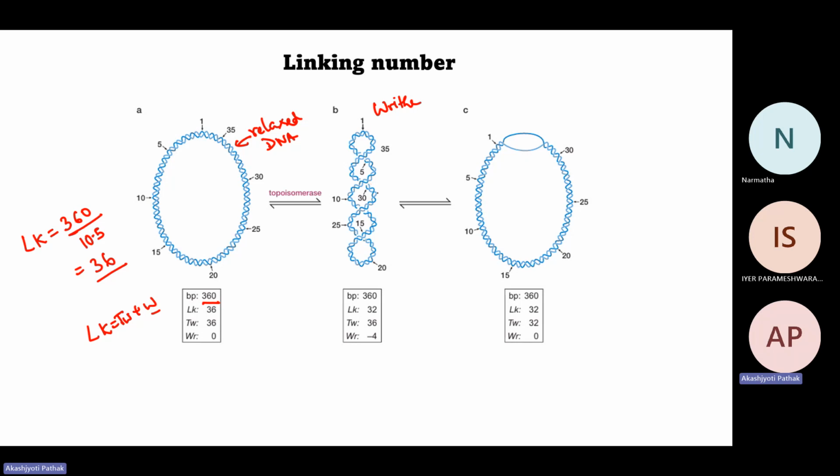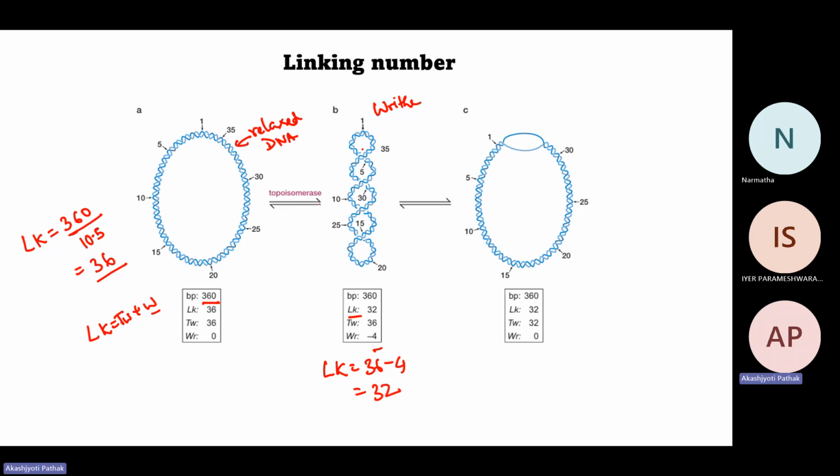You see here how many coils have been introduced: 1, 2, 3, 4. Since there are 4 supercoils introduced in this DNA, the writhe is equal to -4, and as a result the linking number has become how much? Linking number equals twist plus writhe, so 36 minus 4 becomes 32.